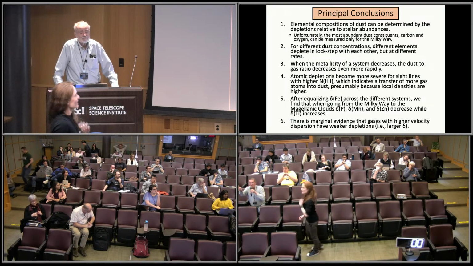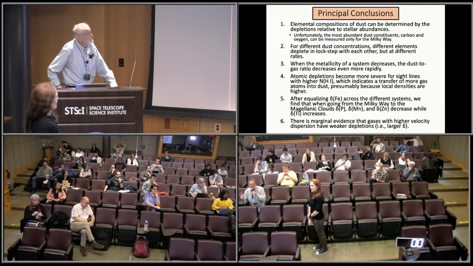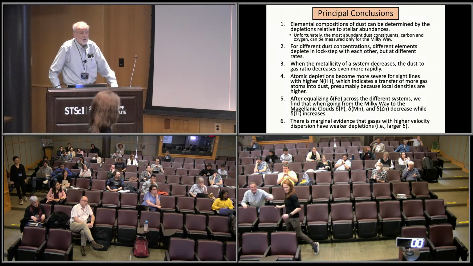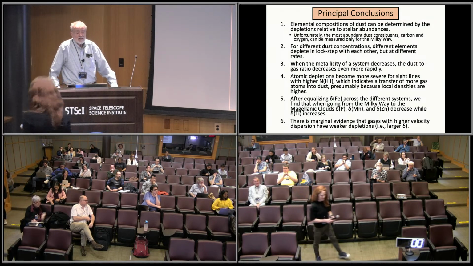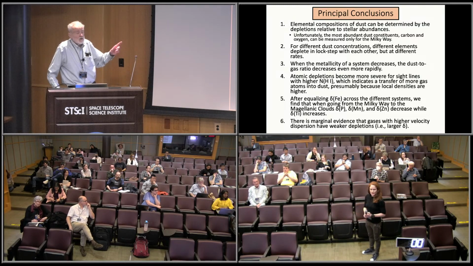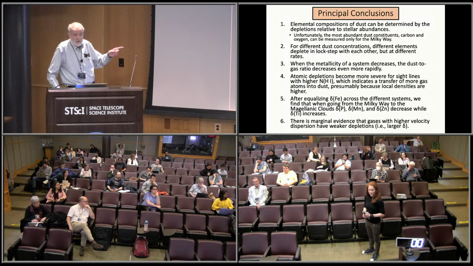Just about the first point here, I'm pretty sure there's a very simple explanation, but I don't know it. Why is it that CNO can only be measured for the Milky Way? Oh, because you can see the forbidden lines. In the Milky Way, you have targets that are bright enough that for reasonable integration times, you can see for oxygen, you can see the 1355 line.